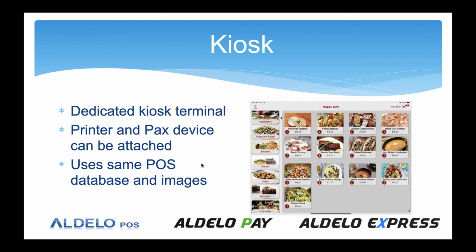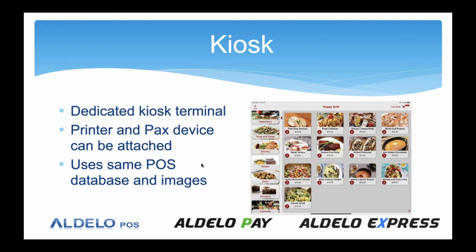So a change made at the point of sale is going to then be picked up by this kiosk terminal. Once you have created your database for the store, it will then create and download to this kiosk in just a matter of seconds. So this is just another point of sale terminal for us. It just has a different screen configuration and different flow.